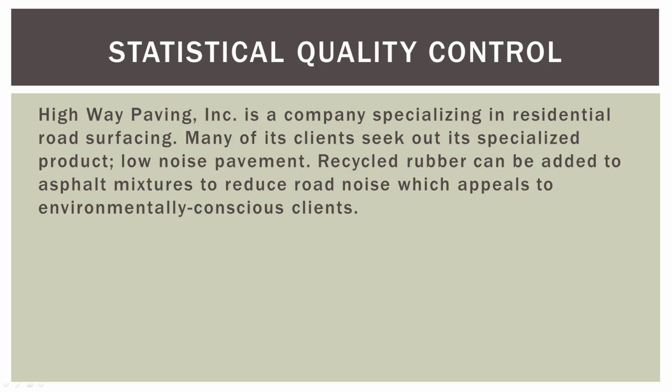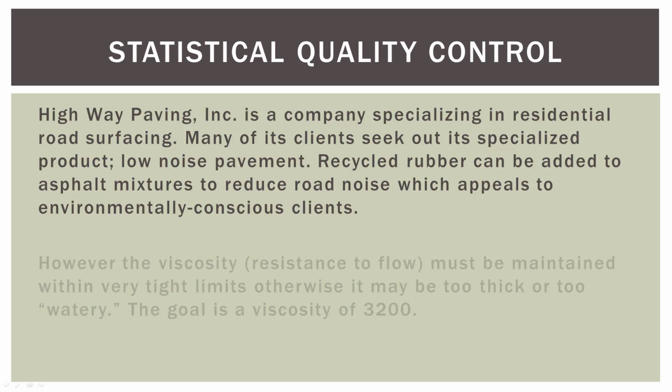Recycled rubber can be added to asphalt mixtures to reduce road noise, which appeals to environmentally conscious clients. The rubber from old tires is ground up and reused in asphalt, and that saves them from going into landfills. And then, of course, the road noise from the tires rolling across the pavement is reduced, which is good inside and outside the car. So it's a win-win.